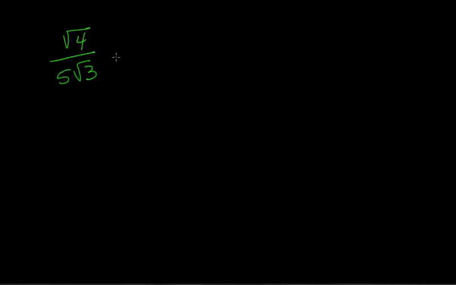We don't have to, but we can do that right off the bat. So I'm going to simplify the numerator and say the square root of 4 is 2, and in the denominator is 5 root 3.